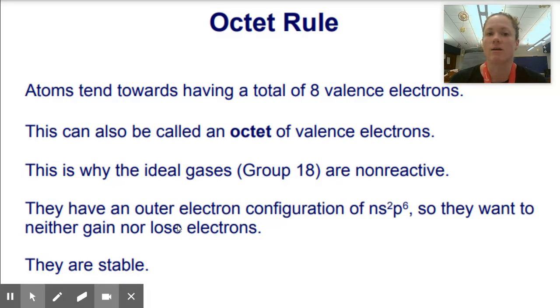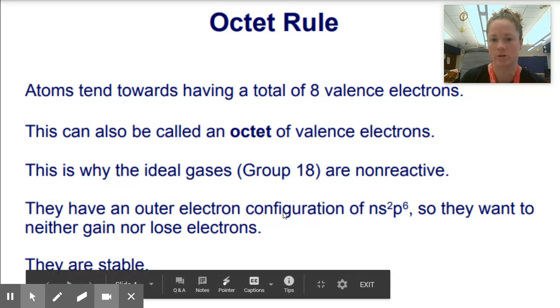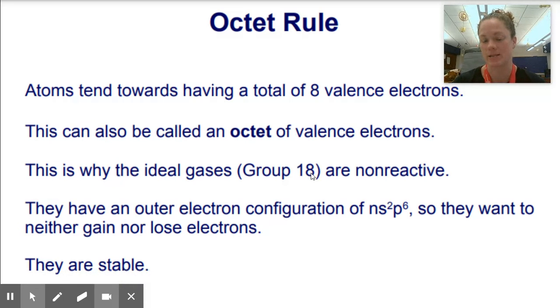So this is called the Octet Rule. Atoms tend to want to have 8 valence electrons. We've talked about that. That was on your test. You guys should be familiar with that. And remember we circled that number 8 in group 18 to say that's how many valence electrons they have.